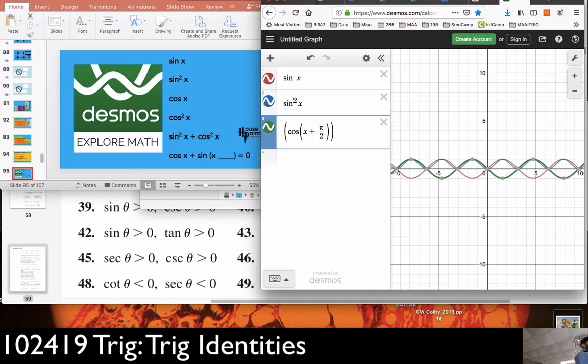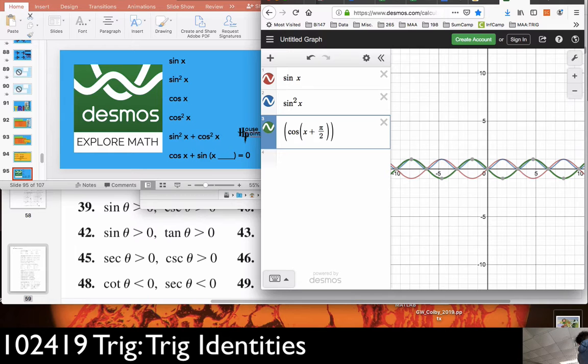So you can see, this is what it would look like if it was offset by pi. It's not. It's offset by pi over 2. Does that make sense as 90 degrees? It should, if you remember what we were doing out there.